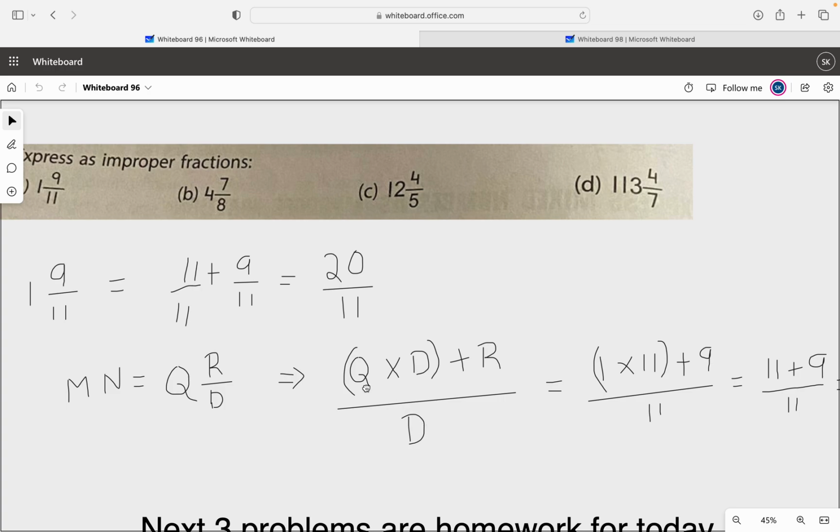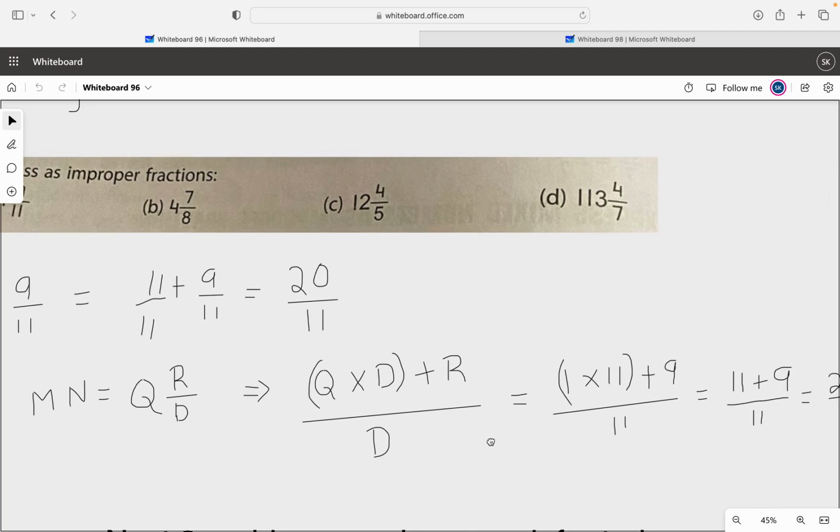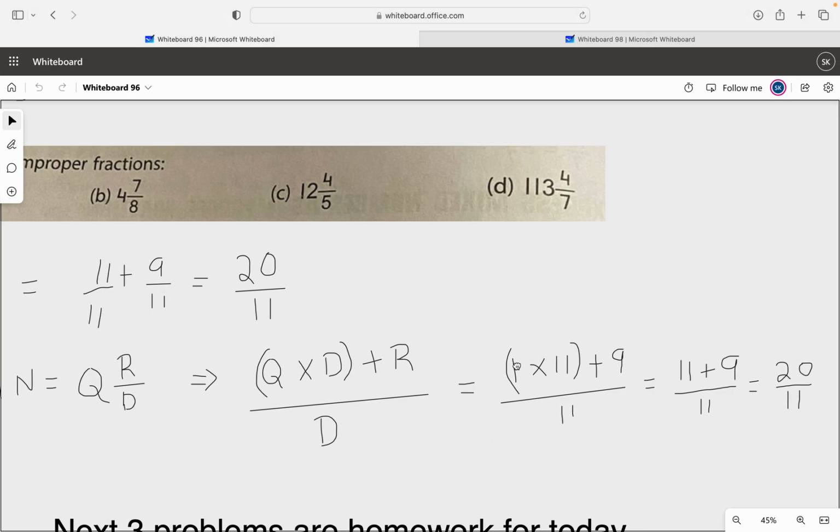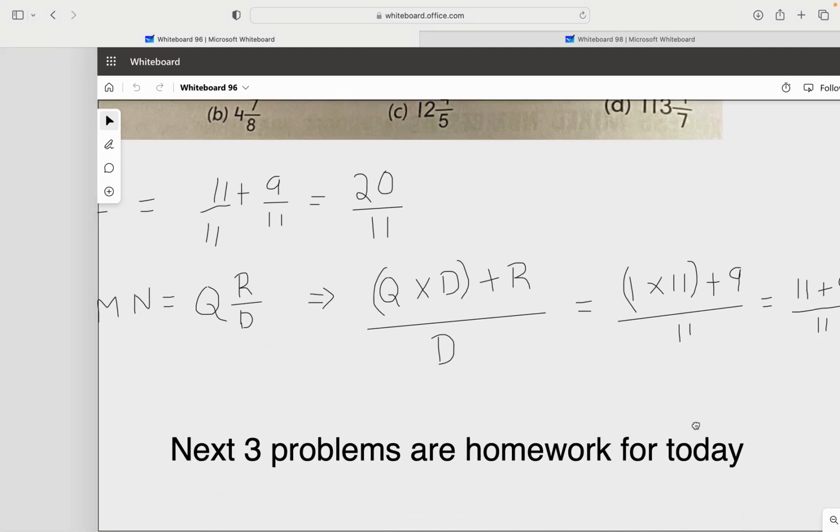Okay. So quotient was 1 into 11 plus 9 by 11, which is nothing but 20 by 11.